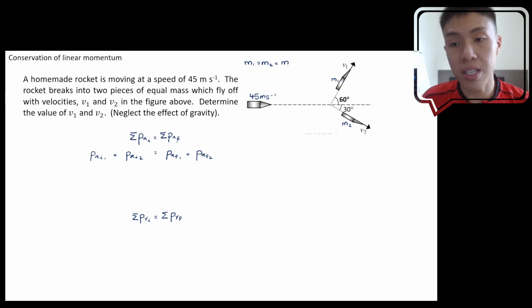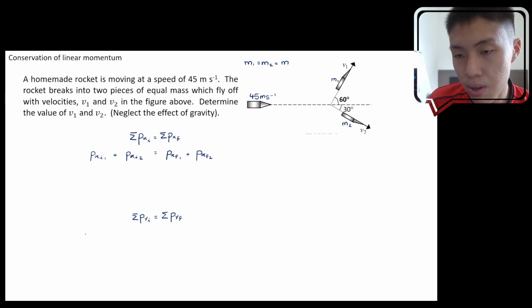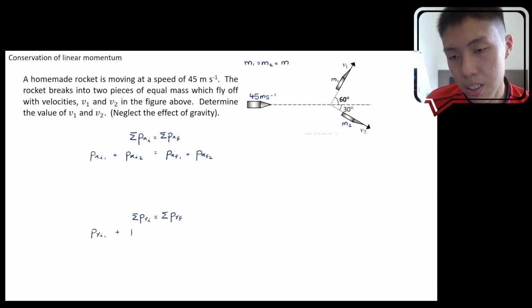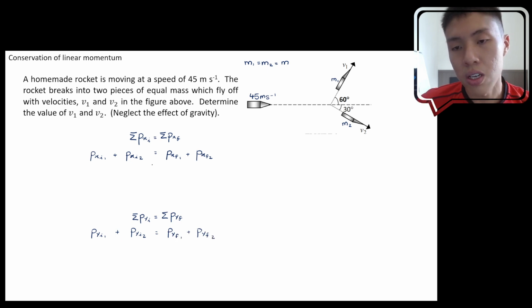So we break the sum over here into two objects. We do the same here for y, so it will be Py initial of 1 plus Py initial for 2 is equal to Py final for 1 plus Py final for 2.